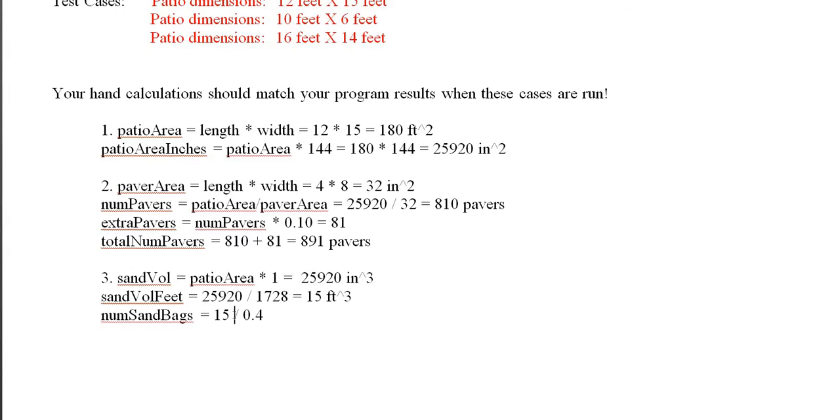See how this looks? This is cubic feet, and this is cubic feet per bag. That means that we're going to end up with units of bags, and that is going to give us 38 bags.